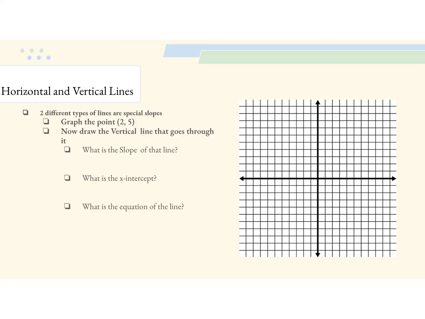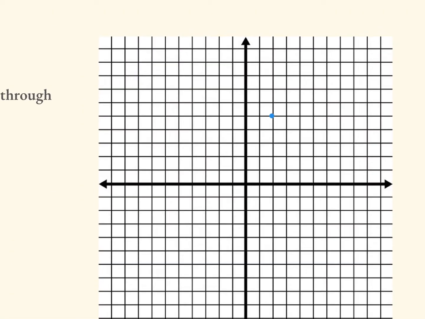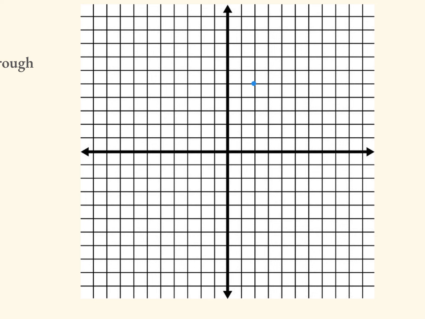Now we're going to repeat that same concept here, but now we're going to do it with the vertical line. So again, horizontal goes left to right. My vertical line is going to go up and down. And I'm not going to do it as repetitively, but you're going to notice something very similar about this. It's actually pretty good.